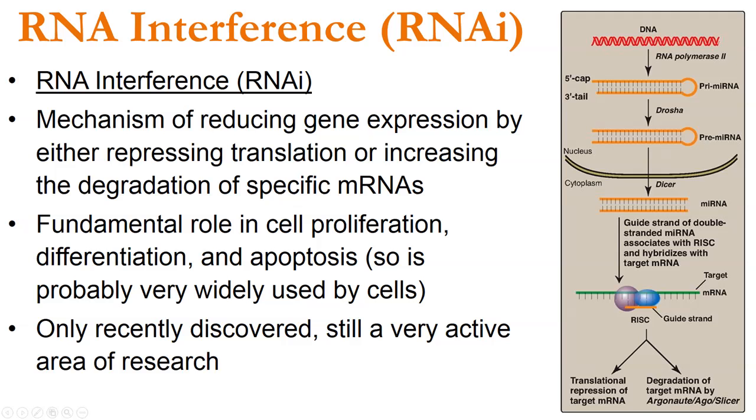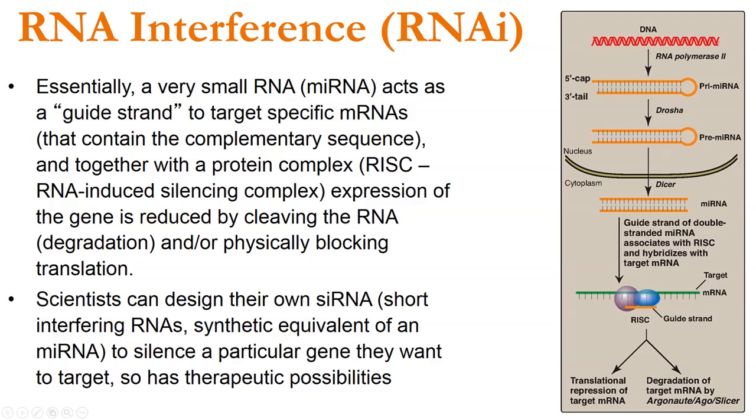We now know, and this was discovered relatively recently, but this is a huge area of research still, and we're finding all these fundamental roles for this process: cell proliferation, differentiation, apoptosis. It's probably involved in normal day-to-day metabolism in every cell, but it definitely has very fundamental roles in those. But I'm just going to give you the basics of how it works.